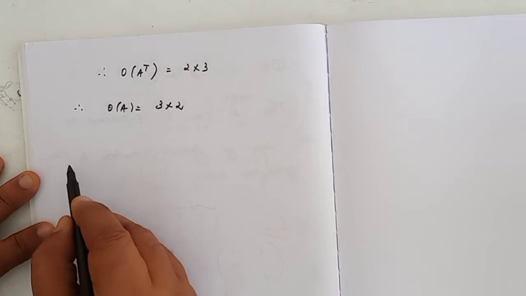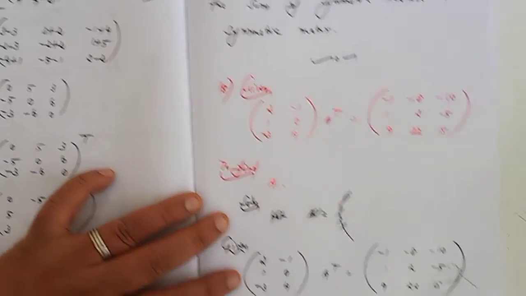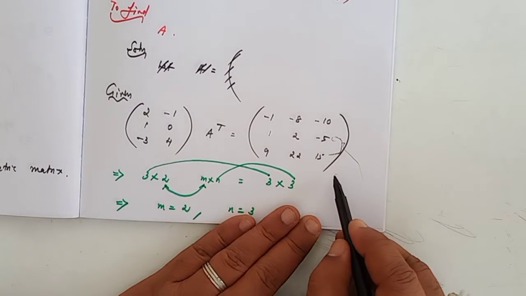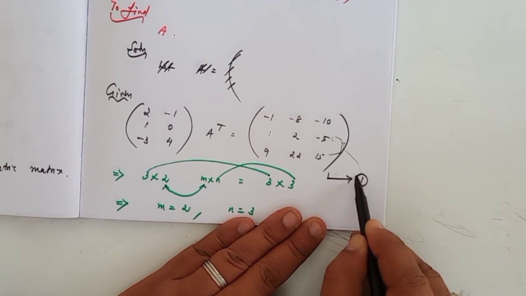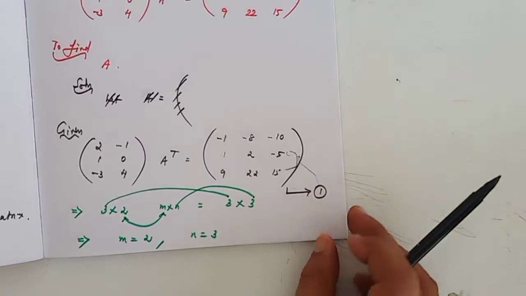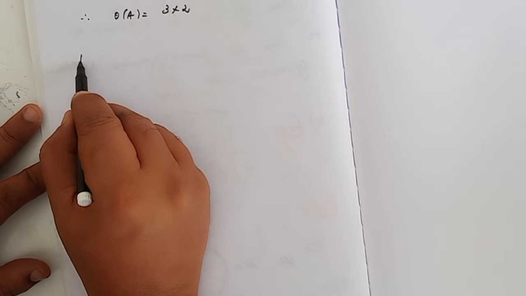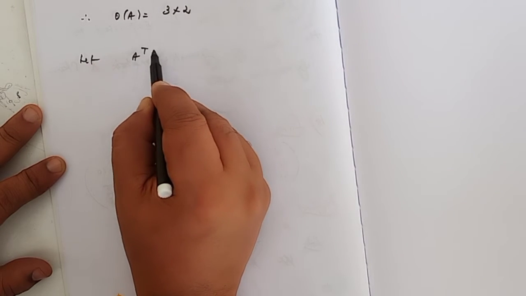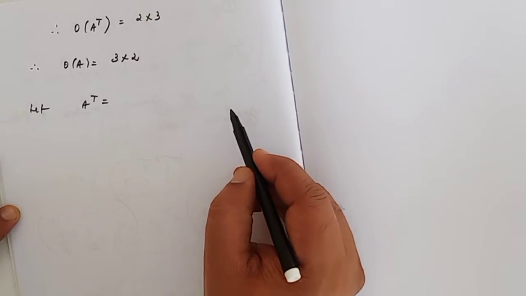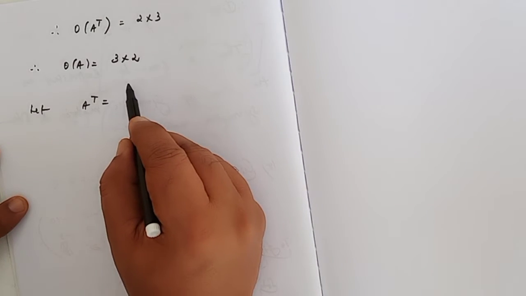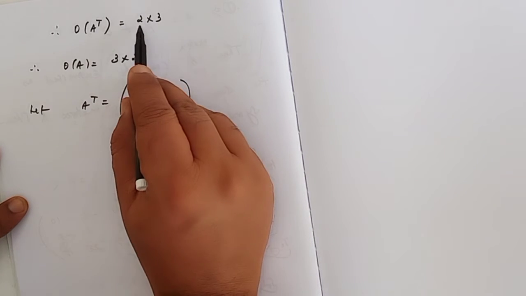Okay, now I consider this as equation number 1. Equation number 1 implies, before that, let A transpose be a matrix of order 2 rows 3 columns.